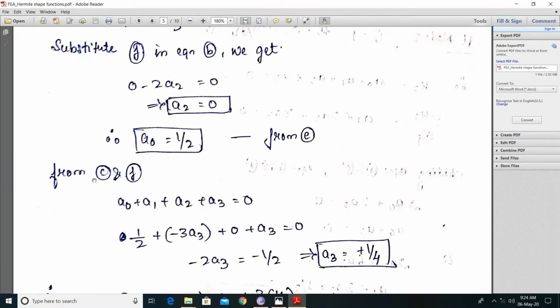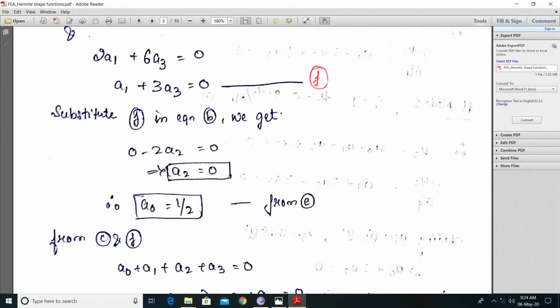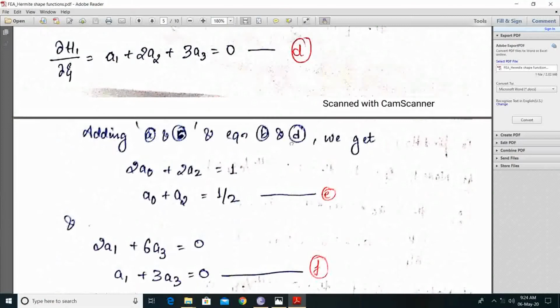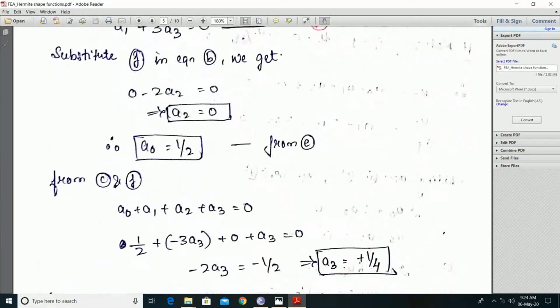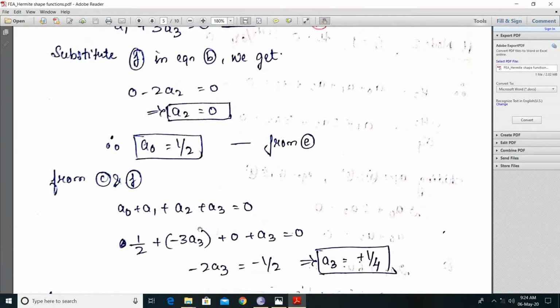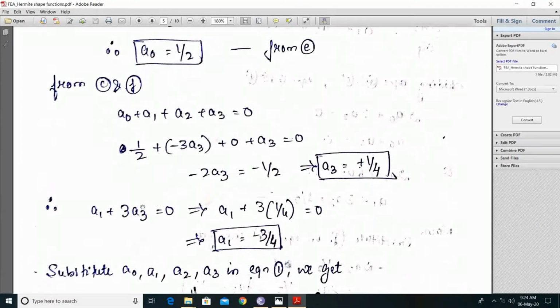From equation C and F, using that, we know this is equation C, and from equation F, a1 will be equal to minus 3a3, and we know the values of a0 and a2. Substitute that, you will get a3 as 1 by 4. Once you get that, substitute it in equation F, and then you will get a1.